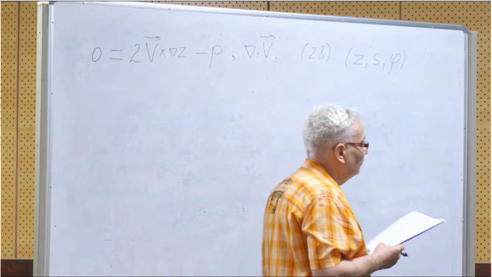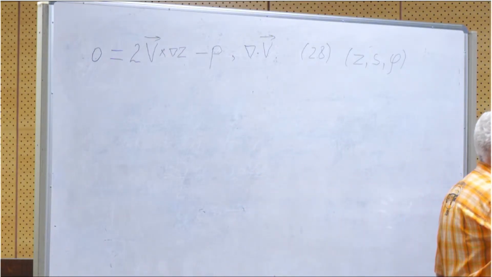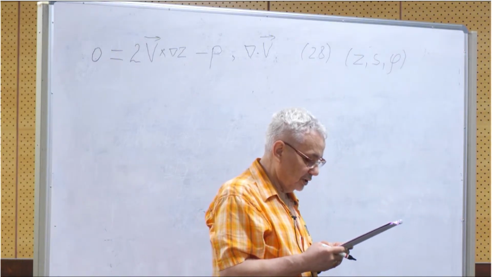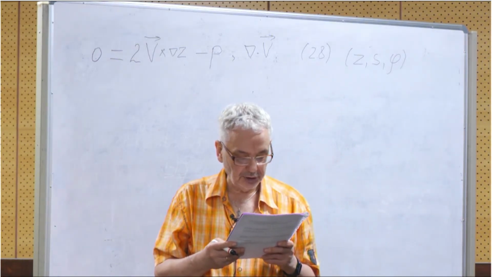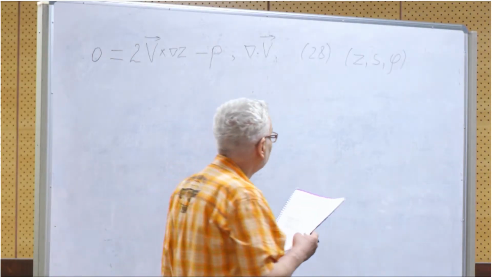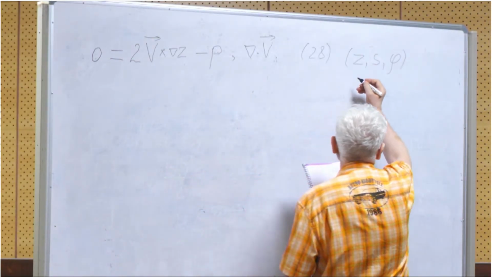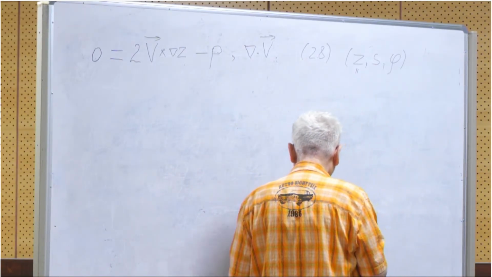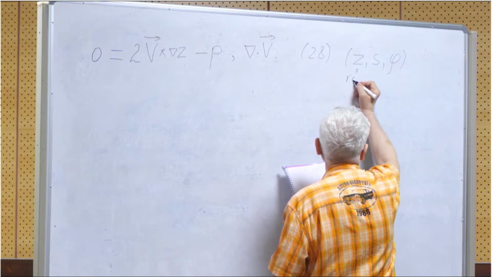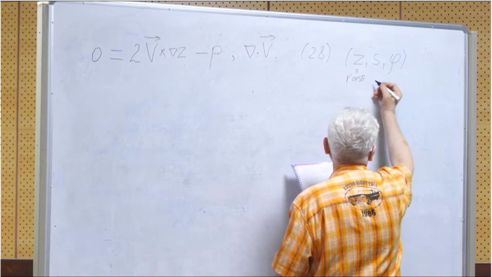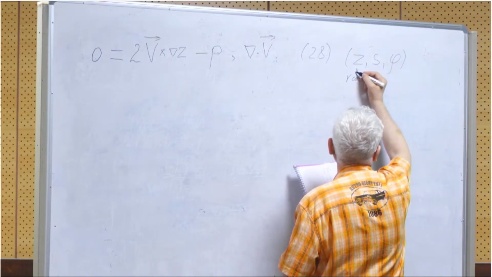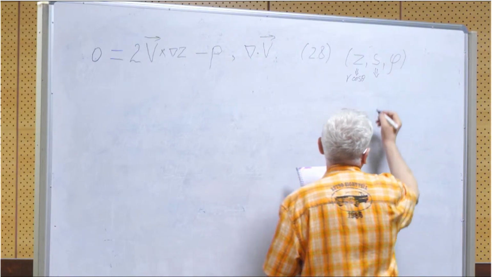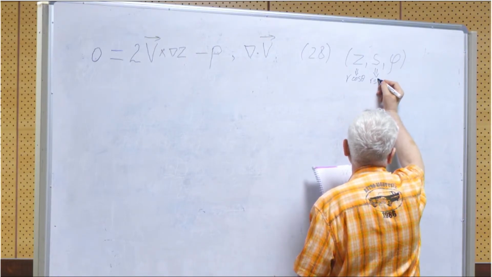And you see here in this picture how it works. And of course we can relate all this to the spherical coordinates by a very simple formula. So this z we can write like that, is r cosine theta, and this s is consequently r sine theta.